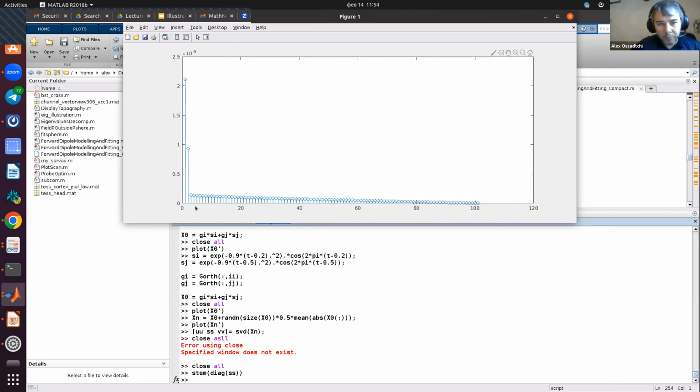And from this you can say, yes, I see that there are two main components, spatial and temporal, present in my data, but the rest are more or less uniform. So that was the intuition.